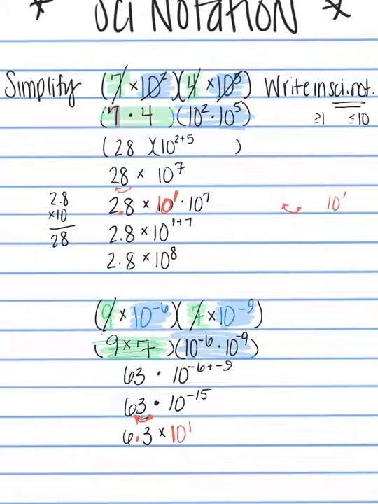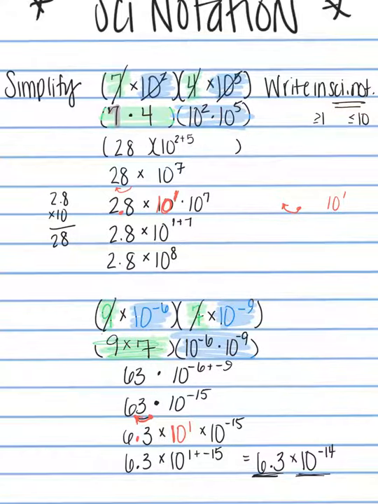Okay, well, now I've got this 10 to the 1 and 10 to the negative 15. Or, in other terms, 6.3 times 10 to the 1 plus the negative 15, which is the same as 6.3 times 10 to the negative 14th, because 1 plus a negative 15 is a negative 14. At this point, it satisfies the need to be between 1 and 10, and I've got scientific notation over here.